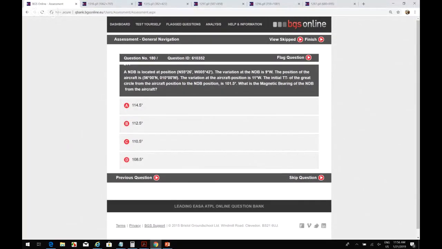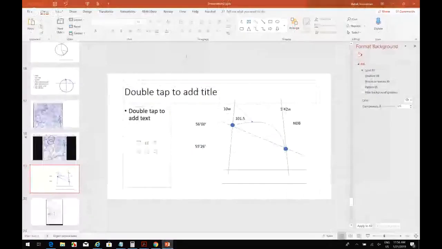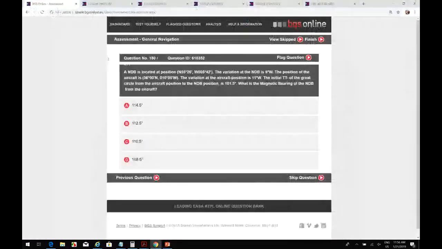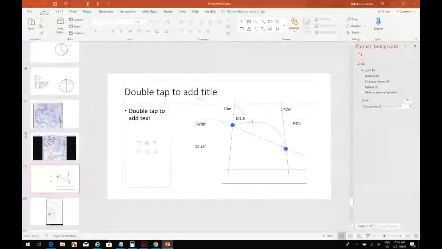Okay, what's the magnetic bearing of the NDB from the aircraft? NDB is there. So we need to do the convergency again. So that's 10 minus 542, that's 418.